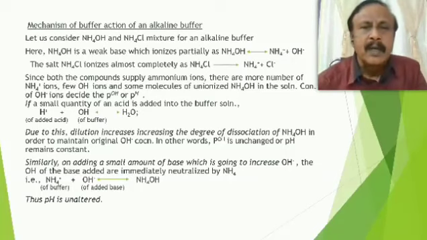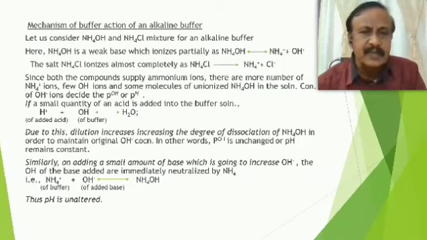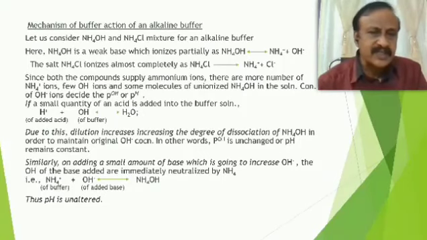Now students, when we add an acid, generally the acid is going to increase H plus concentration. In the buffer solution, the oppositely charged ion, that is a negatively charged ion, should cancel it. When we add a base, it is going to increase OH minus concentration. OH minus should be cancelled by oppositely charged, that is positive, ions.